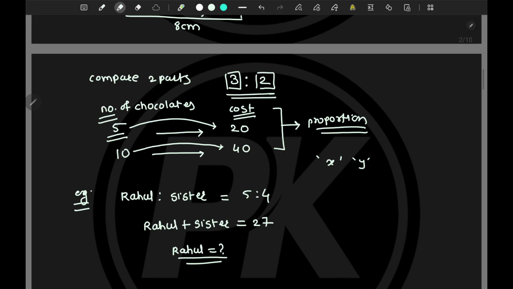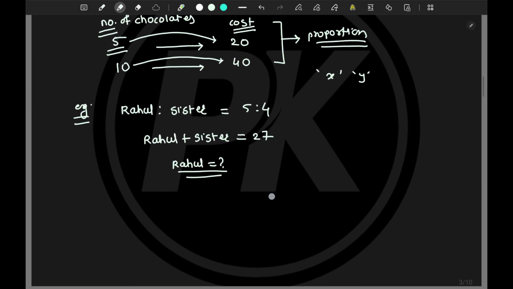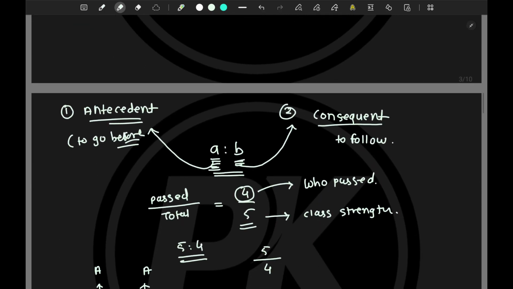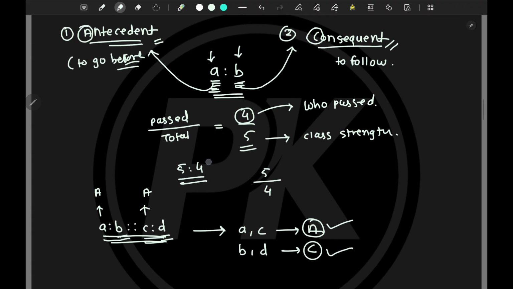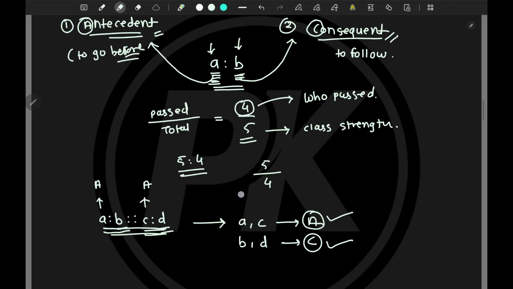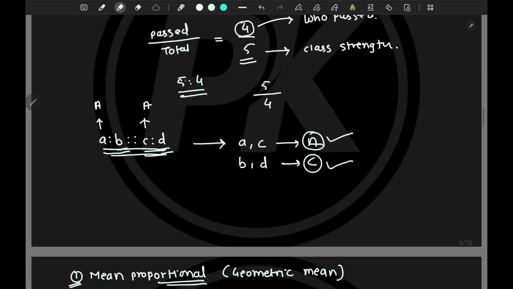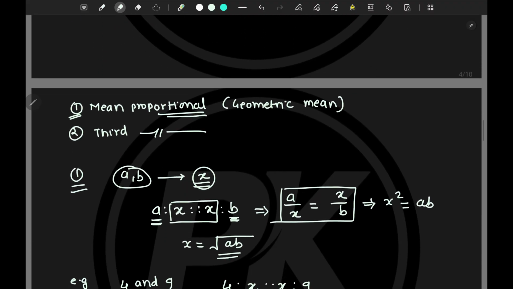Then we saw the antecedent and the consequent. In the antecedent, we said a always comes before c in the alphabet. That means the first number is called the antecedent and the second number is called the consequent. This is just a trick to remember, and we cannot swap them, otherwise the meaning itself will change.